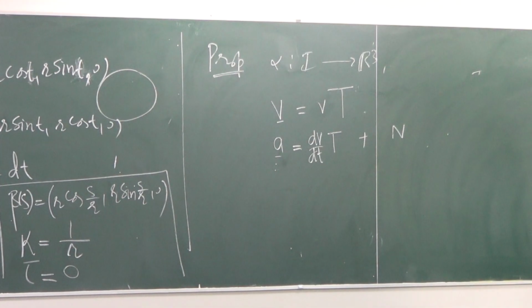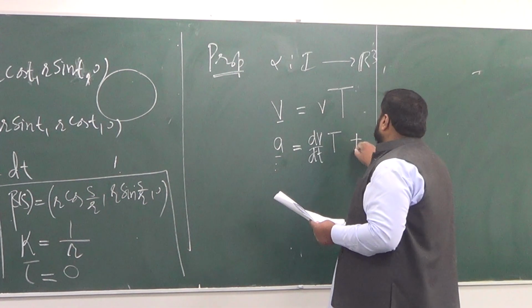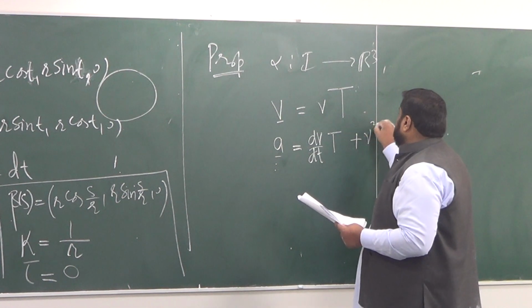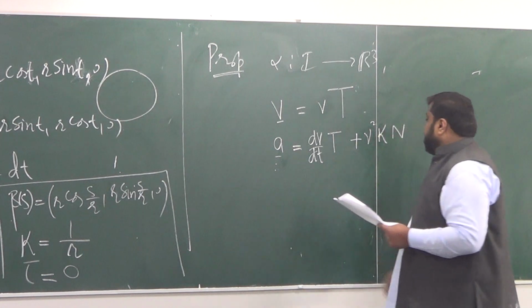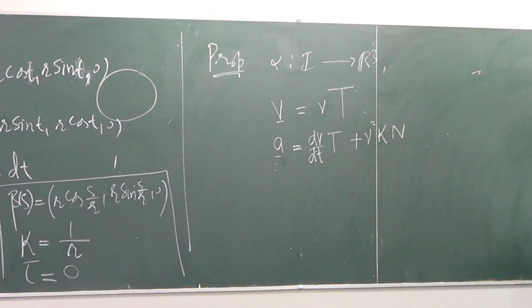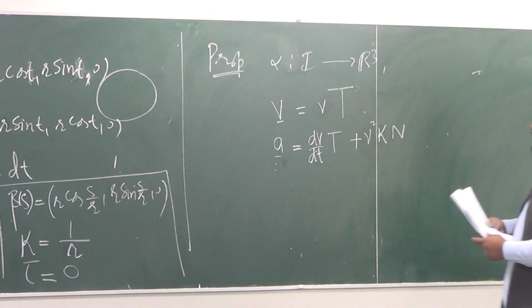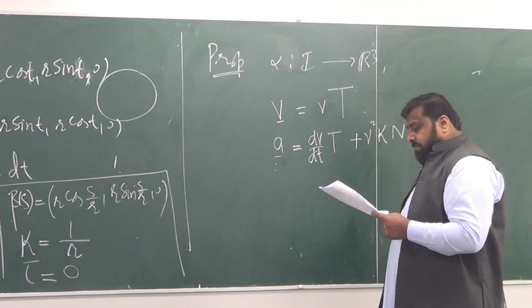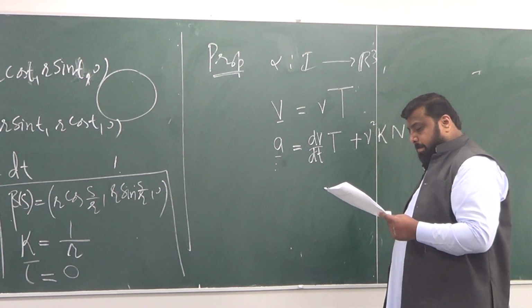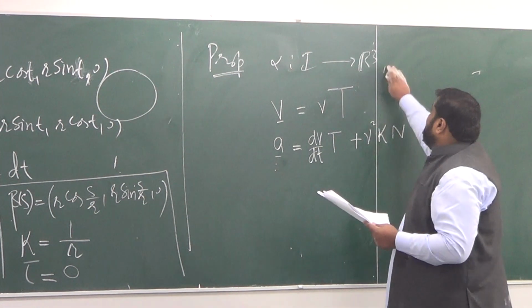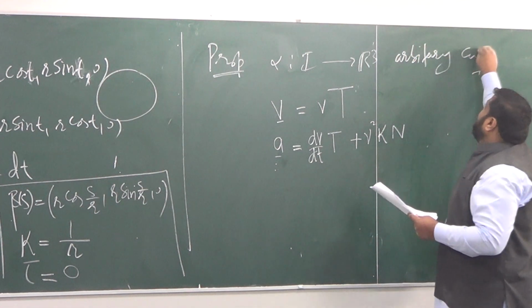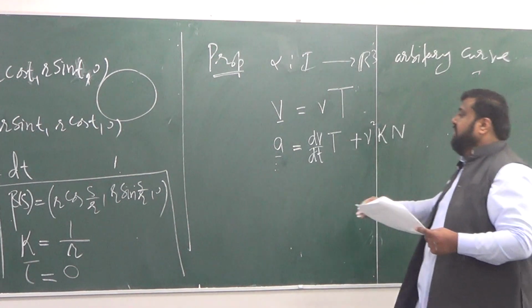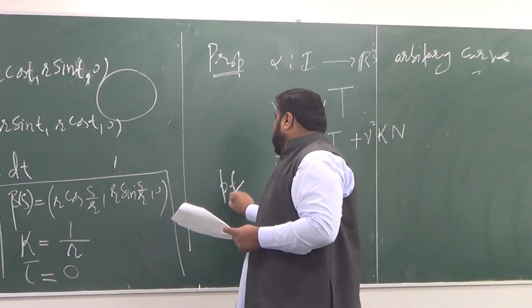And the normal component is going to be speed squared times kappa. So it's going to be kappa. What would be the quick proof of these two facts?